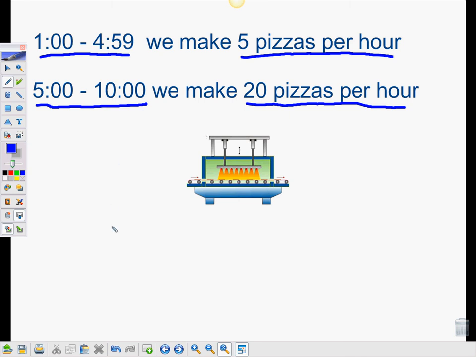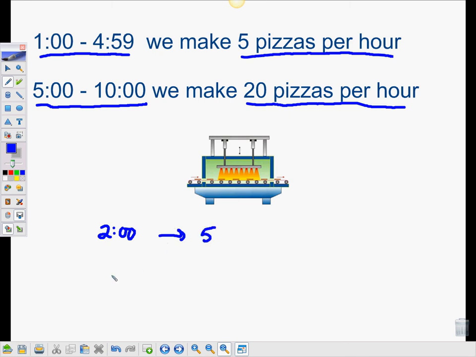So for instance, if I gave you the time of 2 o'clock, I could look at these rules and say, well, that's in this first situation. 2 o'clock is between 1 o'clock and 4:59, so we're making 5 pizzas per hour. So the output of that shop is 5 pizzas per hour.